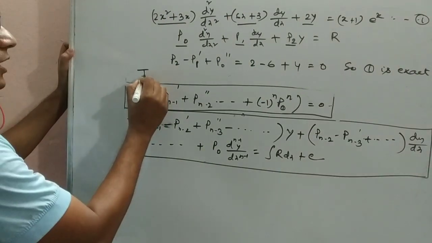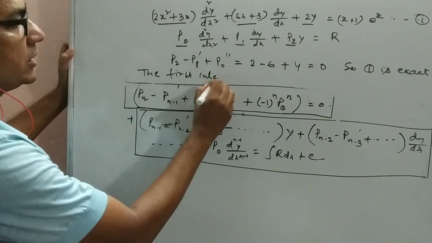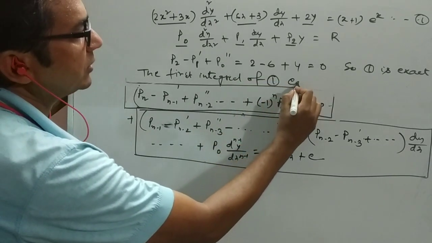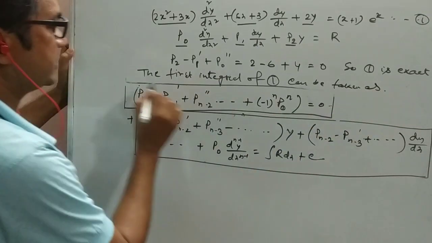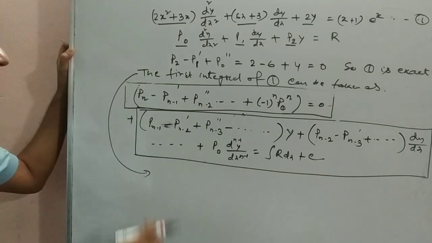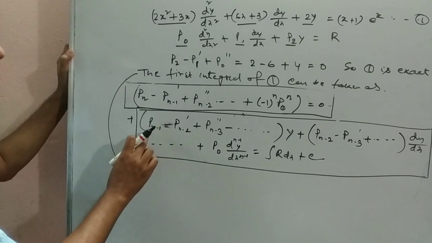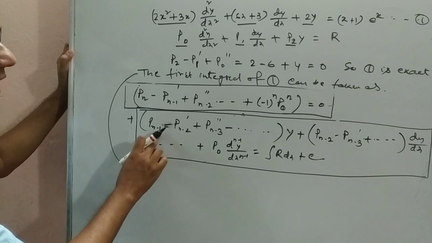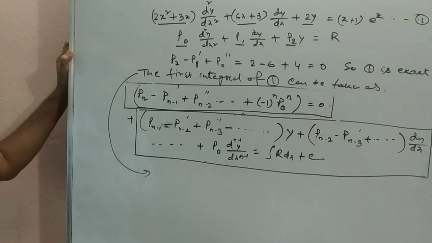And the first integral of 1 can be taken as this. Now the formula is P_{n-1} minus P_{n-2}' and so on.